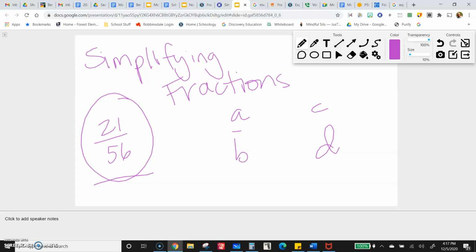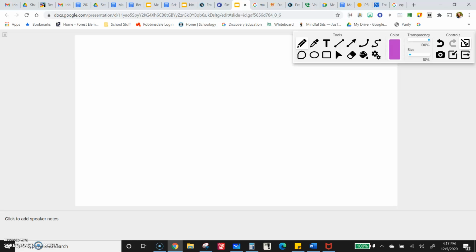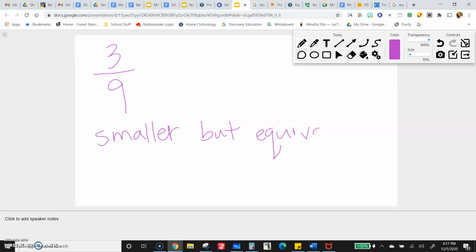But anywho, simplifying fractions. Say I have a fraction like 3/9. Simplifying it is writing it smaller but the same size. So smaller but equivalent.